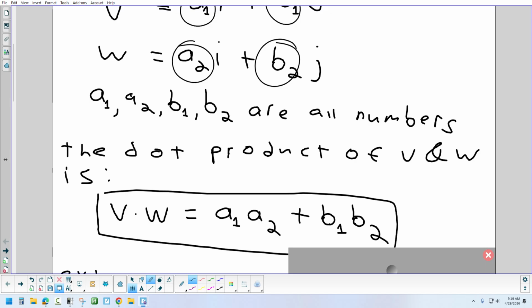You get a number. And if you take a number and you add another number, what do you get? You get a number. So when you do the dot product between two vectors, the answer will be a number, like 13 or -6. Okay, it'll be a number. It can be any number, positive, negative, fractions, decimals, or 0. But the point here is when you do the dot product, it is not a vector, it is a number.